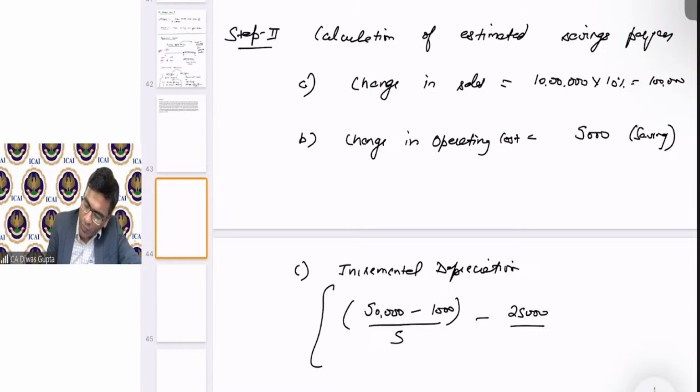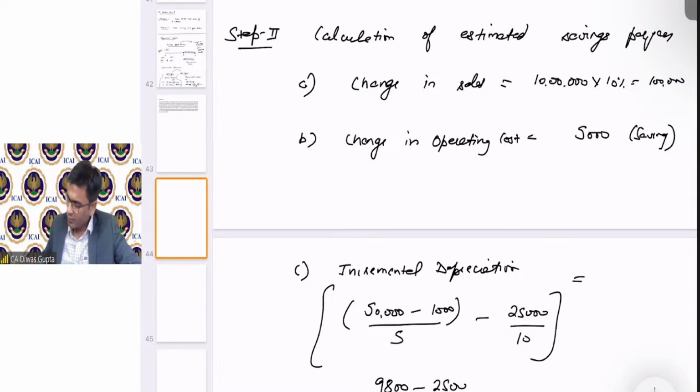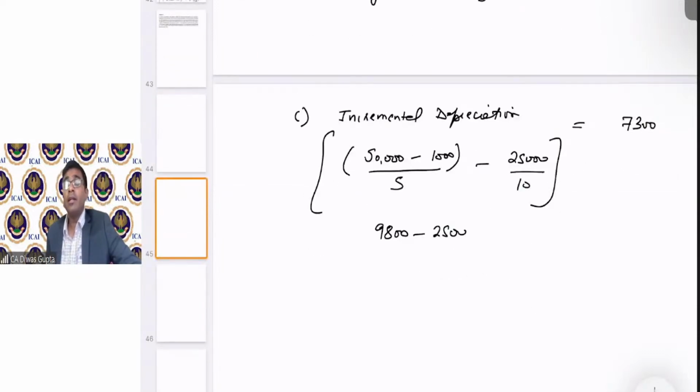So this would have been the incremental depreciation. So in a way, it means 9,800 minus 2,500, which is equal to 7,300. See, students, why we have calculated incremental depreciation: just to see the tax impact. Because there will be a tax impact.